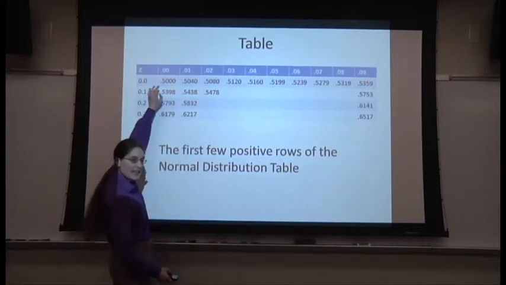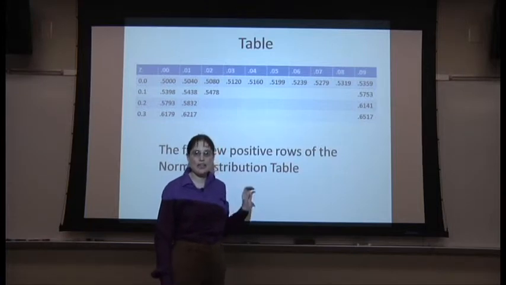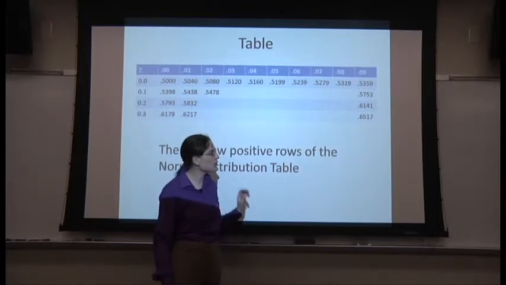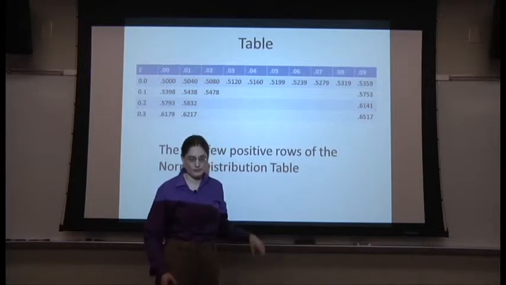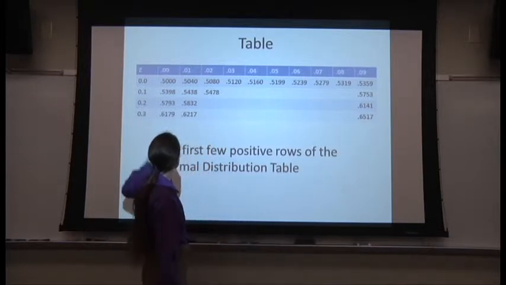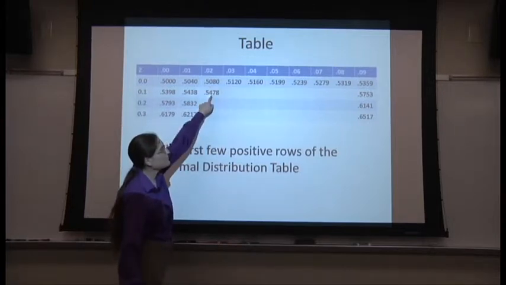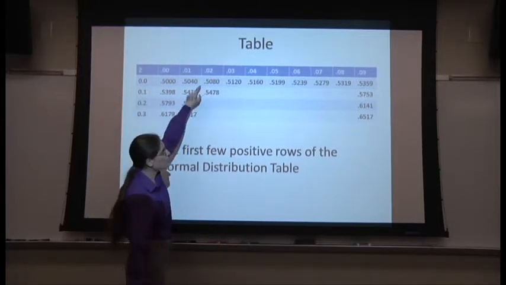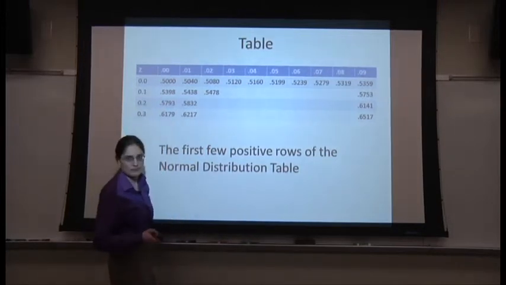But this tells you the area to the left of any particular Z value under the normal distribution. So if your Z value is 0.12, that's 0.12. There's only one column, really.